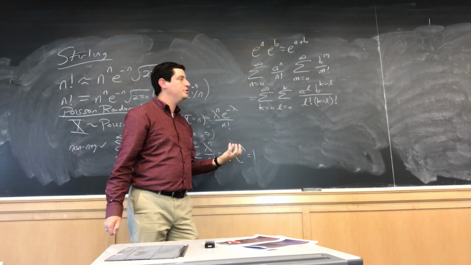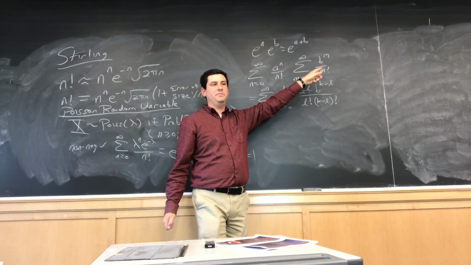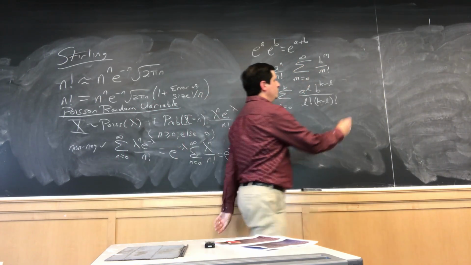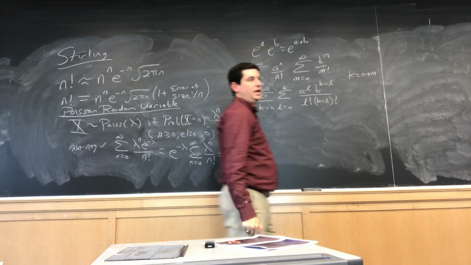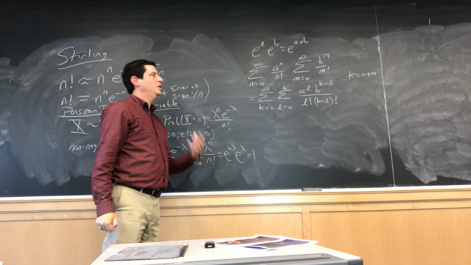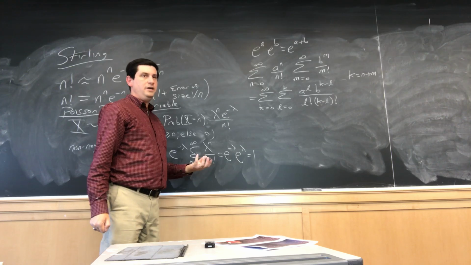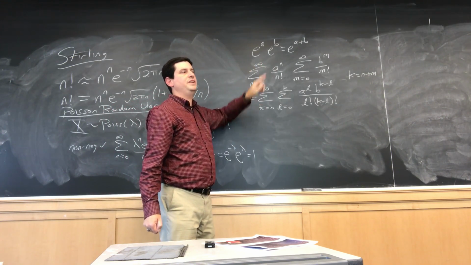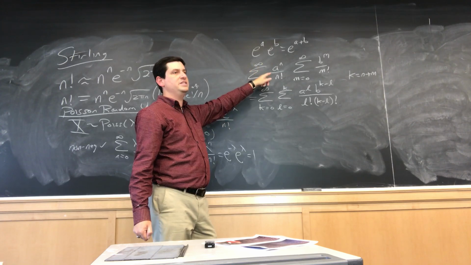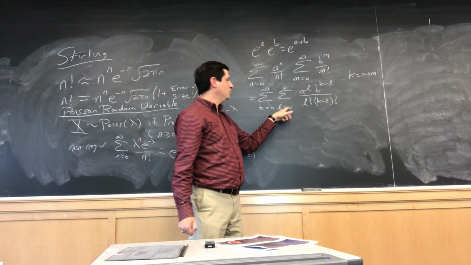Let's collect all the terms where the sum of n plus m is equal to k. So k will be n plus m. And how many terms have a value of k? Well, I could have a to the k, I could have a to the k minus 1, I could have a to the k minus 2, all the way down to a to the 0. And that's why L goes from 0 to k.